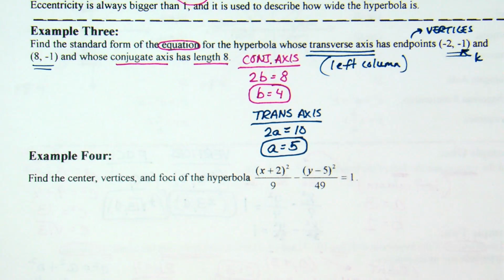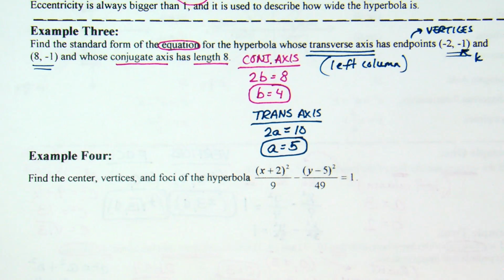You just put it into vertices form, because the vertices is H plus or minus A. We know A. I think I know a different way. You just count 5 in once you graph it.